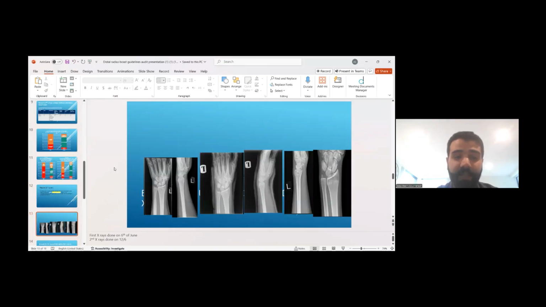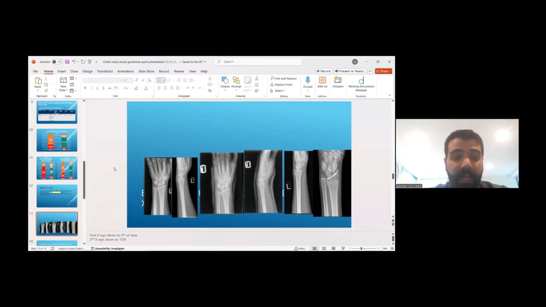These are some examples of patients with stable distal radius fractures. As you can see, there is minimal displacement. It is an extra-articular fracture with no angulation and no shortening. Still, this patient had another X-ray after 1 week, which changed nothing. There was no change in the plan; the patient was treated conservatively, and according to the fracture clinic letters nothing changed.